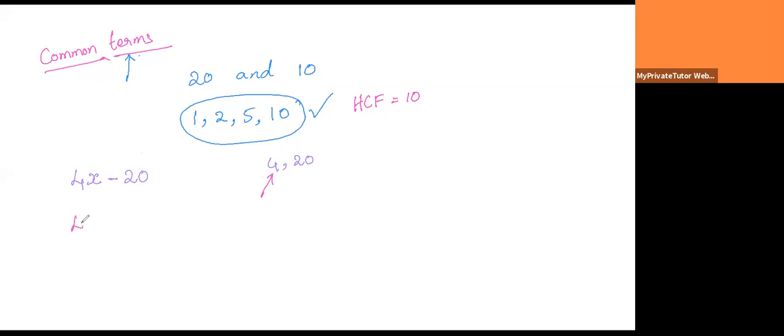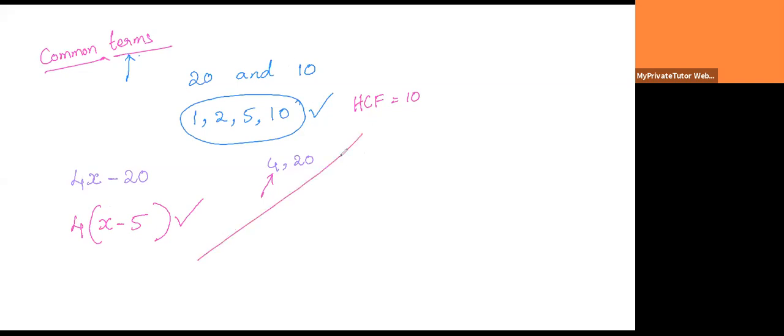So you're going to write 4 separately, outside the bracket, and see what we get inside the brackets. If we take out 4 as a common term, 4 divided by 4 is 1, so 1x, which is nothing but x, minus 20 divided by 4, which is 5. So this is how we simplify expressions by taking the common term out.